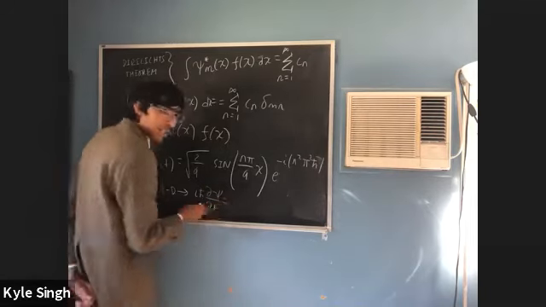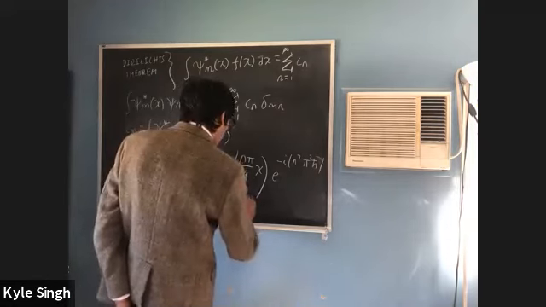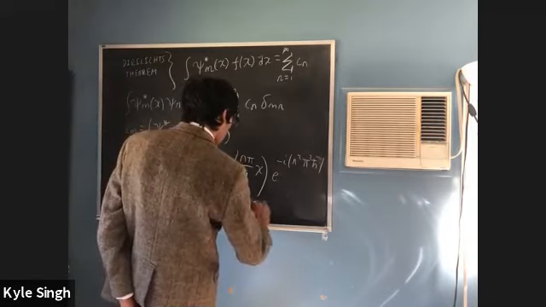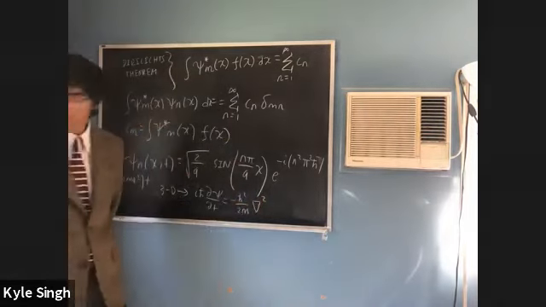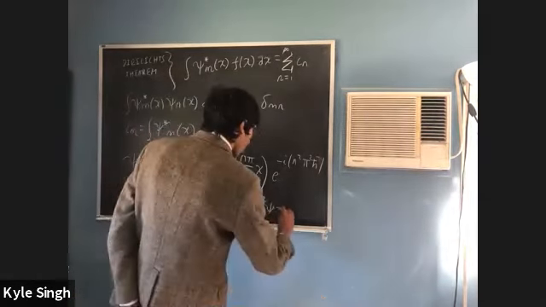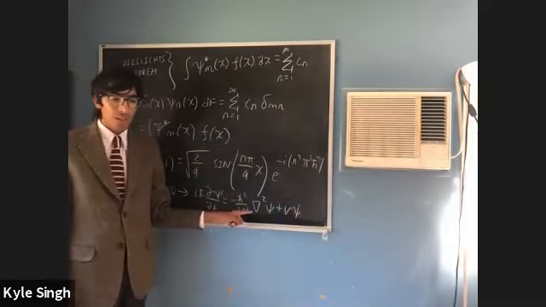This is what I'm going to start using from now on. I'm not even going to bother with the 1D. You guys know what nabla squared equals, right?